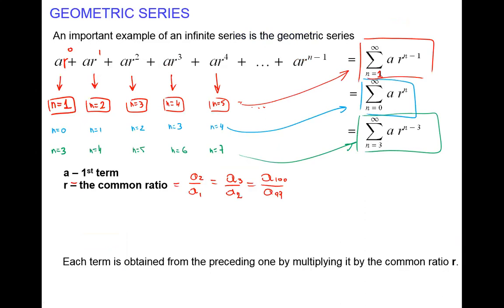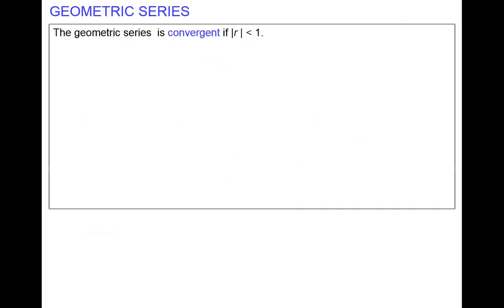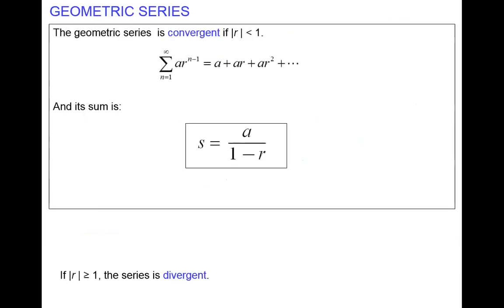Okay, now let's actually try to deal with this. I can show you this, and that's also an important slide. The geometric series is convergent, that means the sum will exist as a finite number, if the absolute value of the common ratio is less than 1.